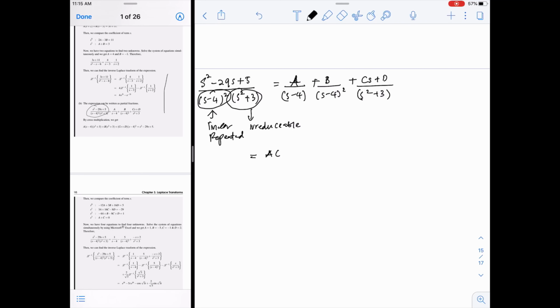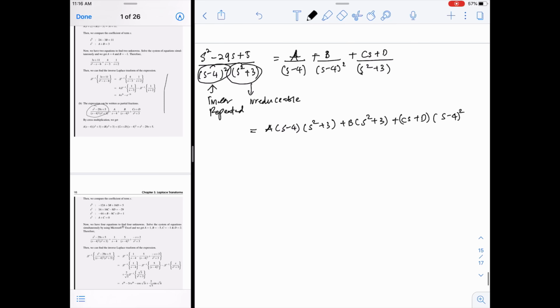For example, the A is lacking s minus 4 and s squared plus 3, while B is lacking s squared plus 3, and then we have Cs plus D lacking the (s minus 4) squared.